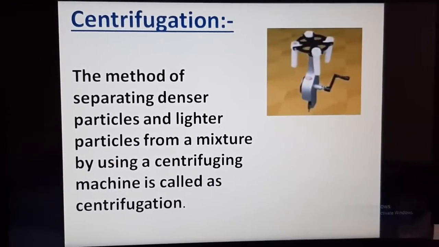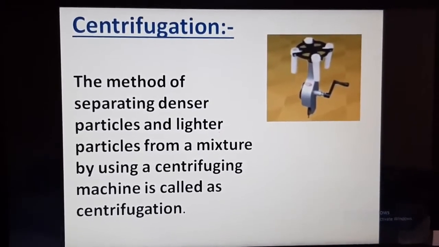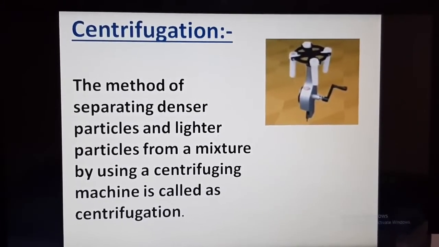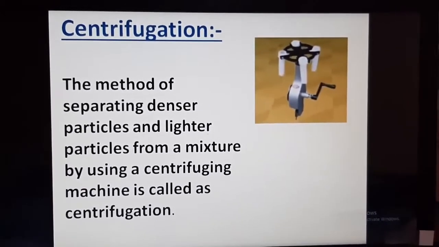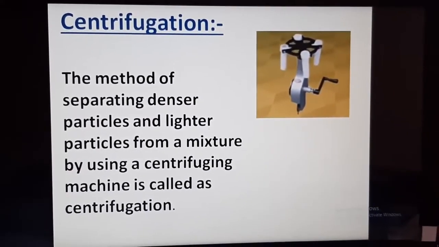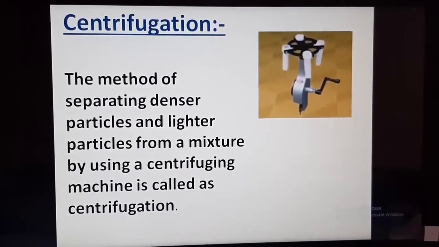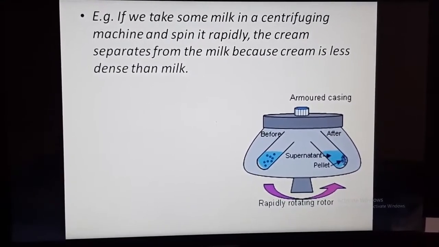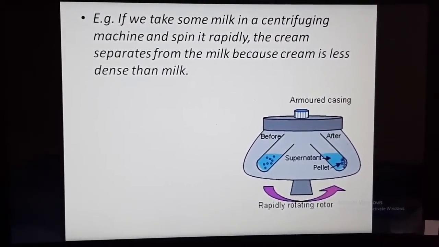You know nowadays we get full cream, tone and double tone varieties of milk packed in poly packs or tetra packs in the market, and these varieties of milk contain different amounts of fat. So by carrying out the centrifugation process we can separate cream from milk. For example, if we take some milk in a centrifuging machine and spin it rapidly, then what will happen?